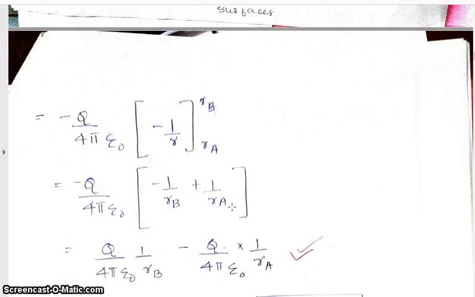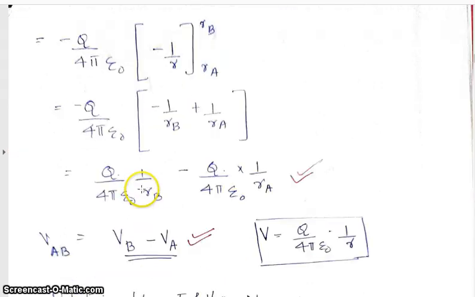So after integrating and applying the limit, you will get Q by 4 pi epsilon 0 into 1 by RB minus Q by 4 pi epsilon 0 into 1 by RA. So this is the expression for your potential. Potential V is in general given by V is equal to Q by 4 pi epsilon 0 into 1 by R. If it is electric field intensity, it is Q by 4 pi epsilon 0 into 1 by R square.